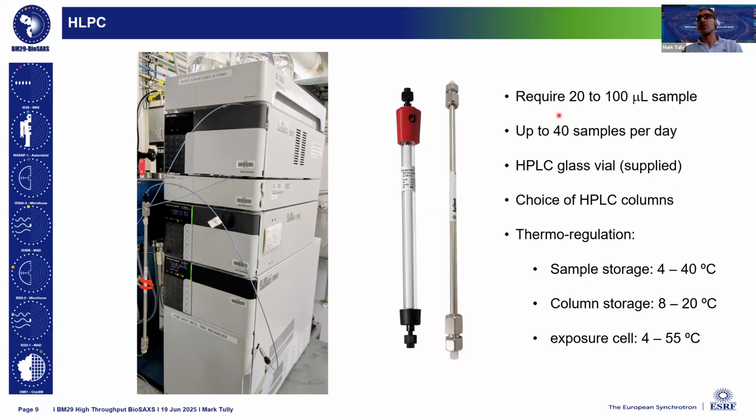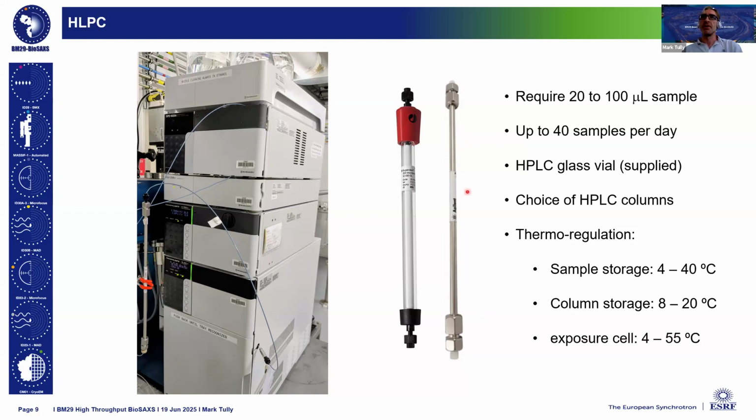Again, we require about 20 to 100 microliters of sample. We can do about 40 samples a day with the column, because the running of the columns will take a little bit longer. A normal GE column will take about 40 minutes to run. We have specific HPLC columns, and these will take about 15 to 20 minutes to run. We also need to equilibrate these, which takes maybe up to an hour.